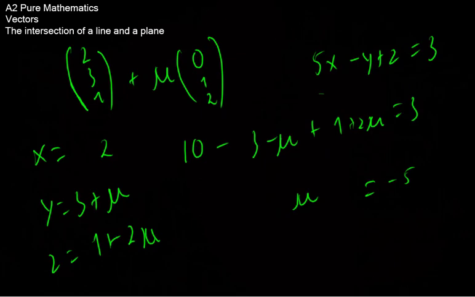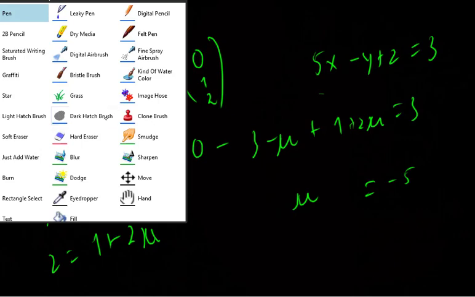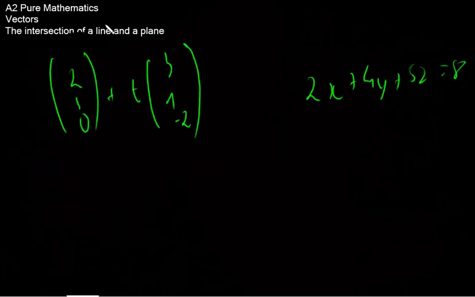Now what if the line and the plane are parallel? How do you realize if they are parallel? Let's say this is a line and a plane. From this plane you can find the normal of the plane, which is (2, 4, 5). Remember that this normal is perpendicular to the plane.